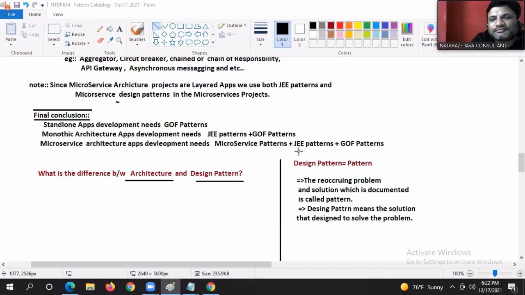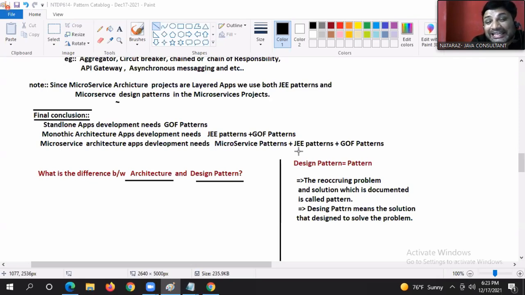Now listen, guys. Architecture is an end-to-end plan of developing an application by involving layers and flow of execution.